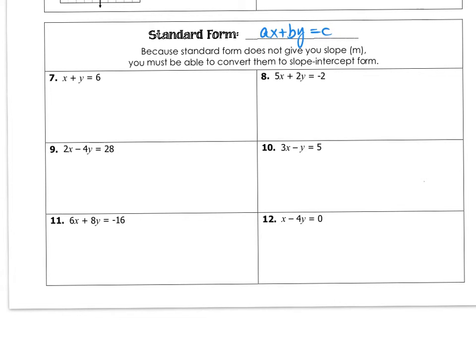So you need to know how to convert back and forth. And here we are, number 7, we're given standard form. And you are also brilliant with inverse operation, and you can easily convert that into slope-intercept form.